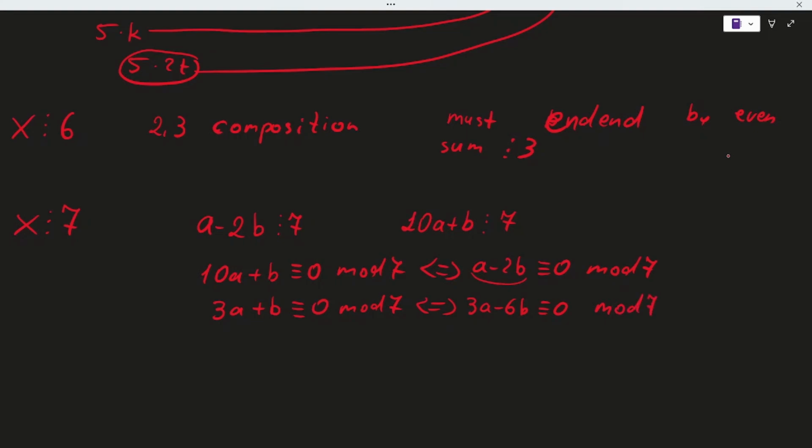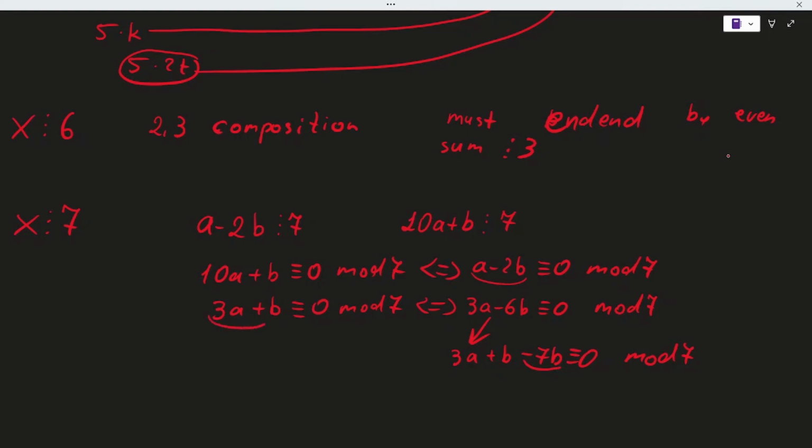But clearly minus 6 equals plus 1. So instead of this equation, we can just write 3 times a plus b minus 7b equals 0 mod 7. And clearly, this will be correct as 7 times b is always a multiple of 7.